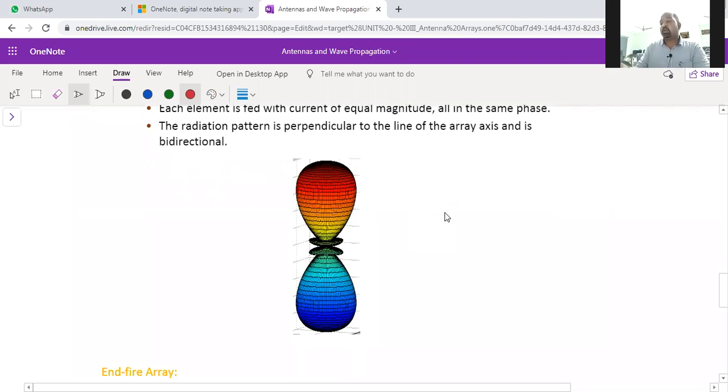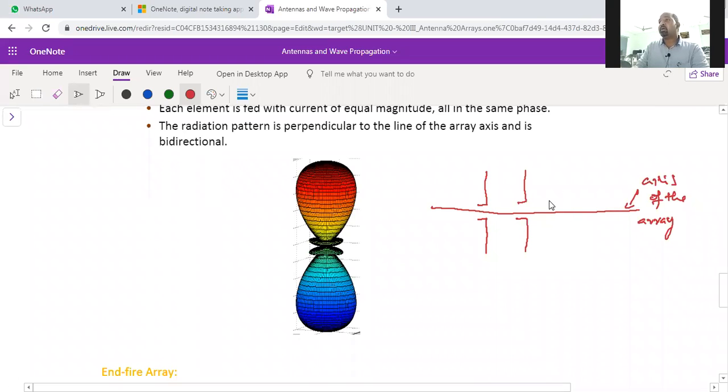For example here, let us say this is the axis of the array. Just for understanding, I will take dipole antennas. Antennas are arranged perpendicular to the axis of the array, like this.